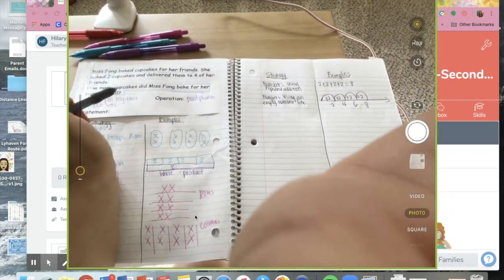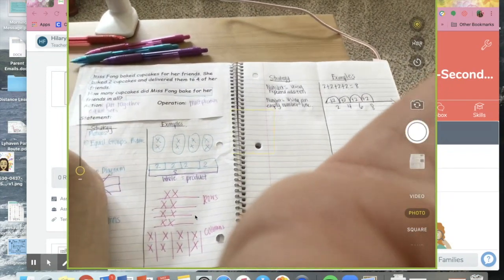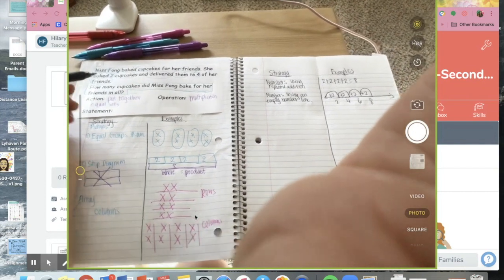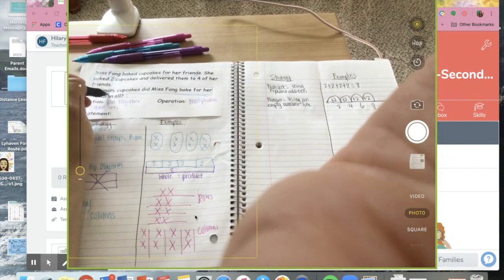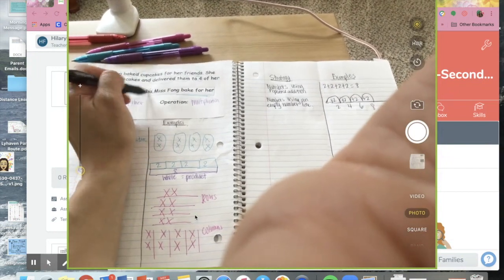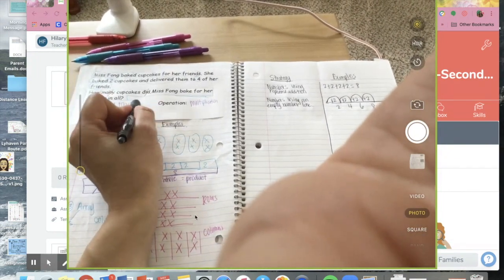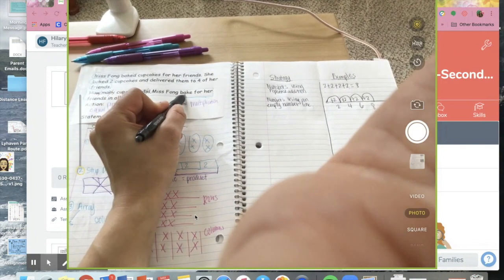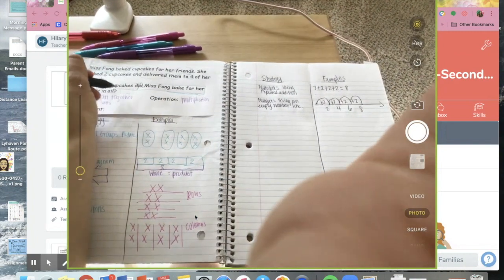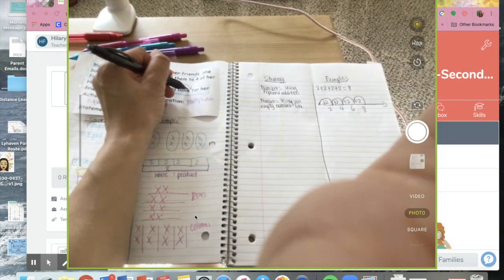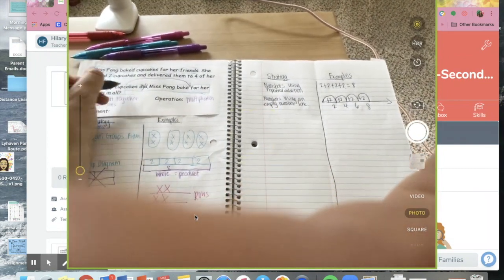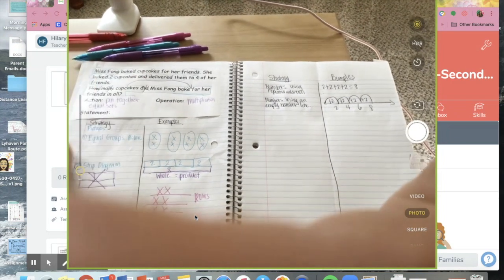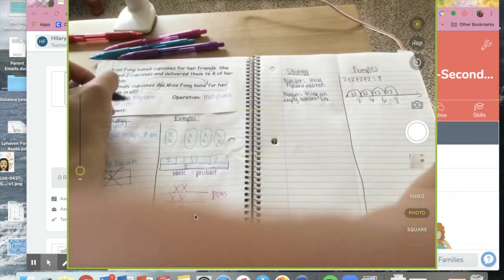So let's look at that question. How many cupcakes did Miss Baum bake for her friends in all? So I'm going to use the words in my question. I don't need that word. I don't need that word. I don't need that word. So all I'm going to do is I'm going to move this word around. Miss Baum baked blank. I'm going to put this over here for her friends in all. So I'm going to copy these words exactly in the order like I've taught you.